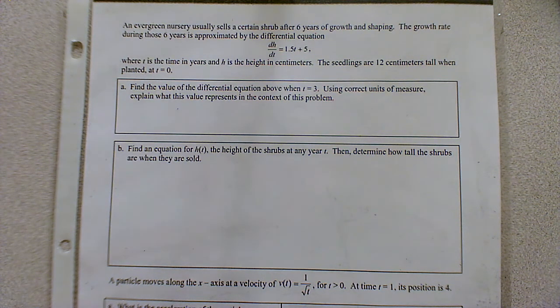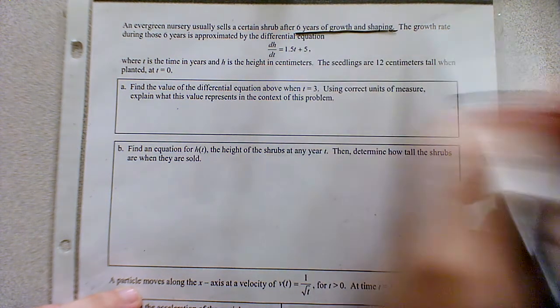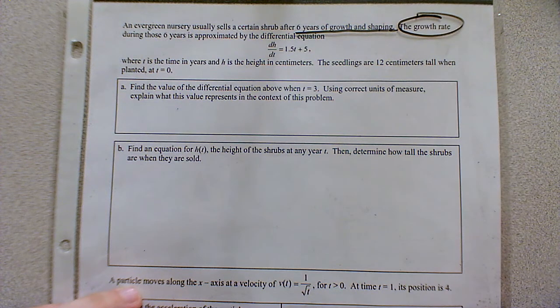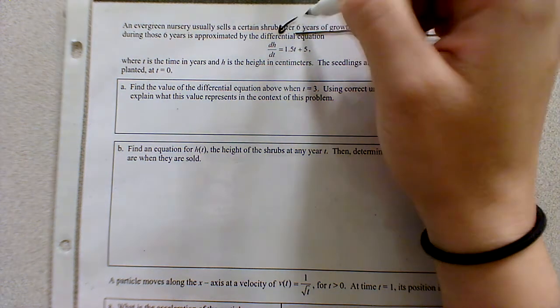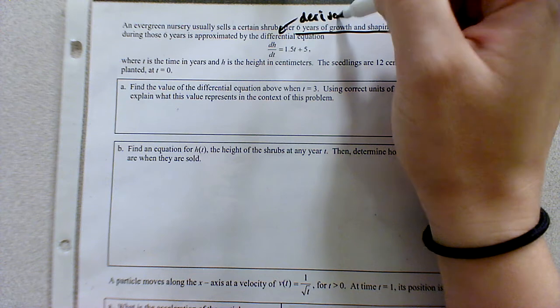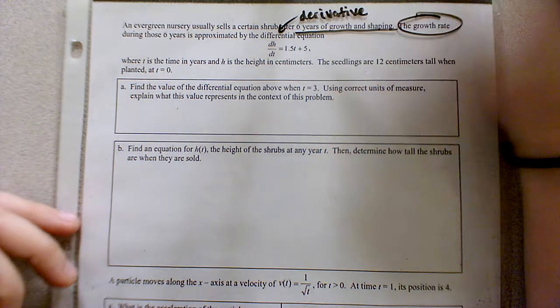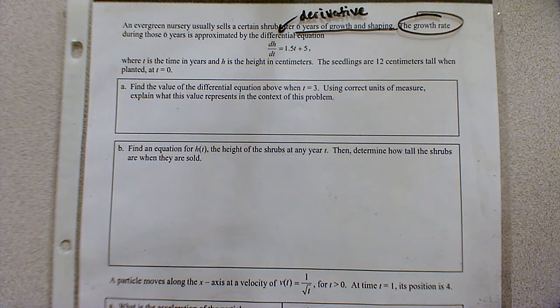An evergreen nursery usually sells a certain shrub after 6 years of growth and shaping. The growth rate during those 6 years is approximated by the differential equation. Differential just means derivative. We've seen the word differentiation before, which highlights derivative, so that's the same concept here.